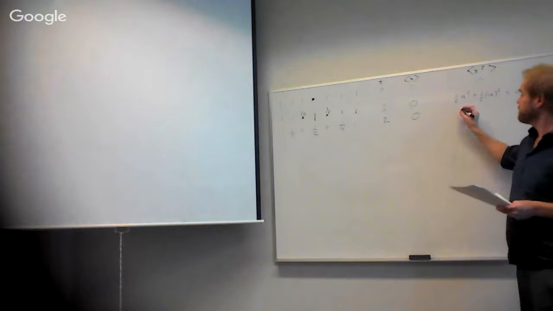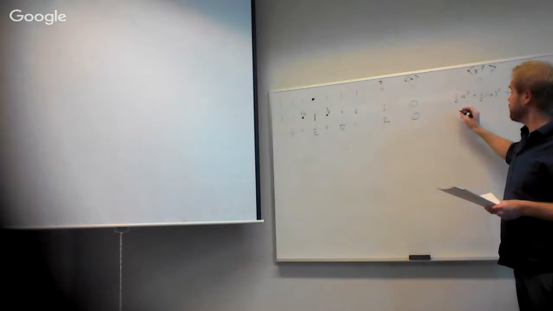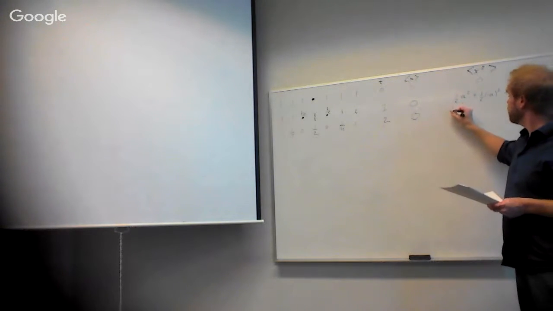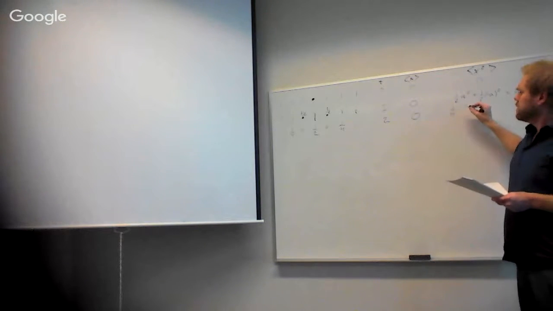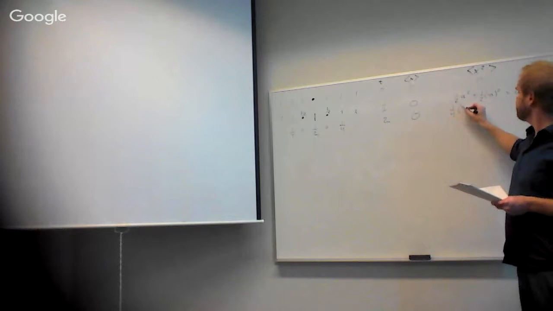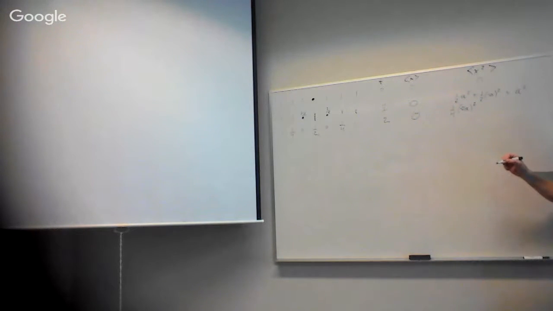We've got to be careful. For the quarter, what's my distance there? 2a, or negative 2a. And for my 1/2, what's my distance there? 0, so it doesn't actually contribute.